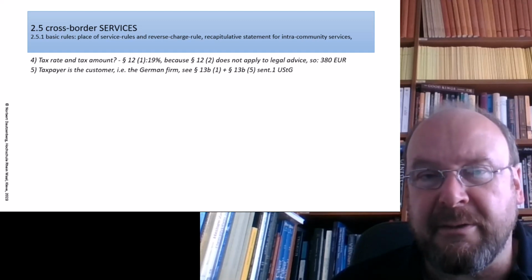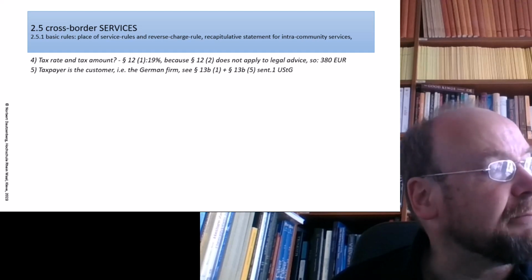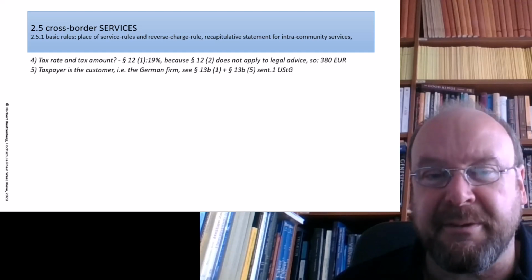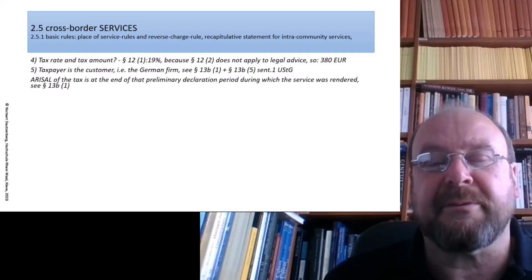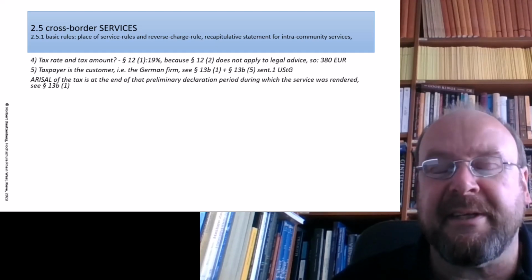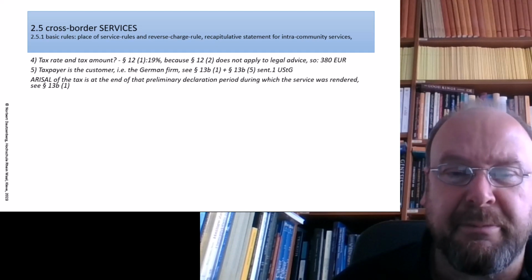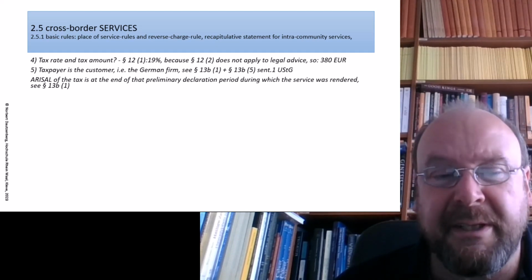And the consequence that the taxpayer is then the customer can be found in 13b5. The arisal of the tax, or tax point, is at the end of that preliminary declaration period during which the service was rendered.